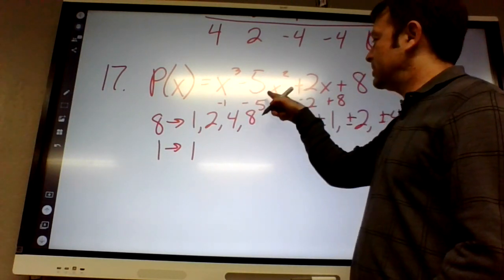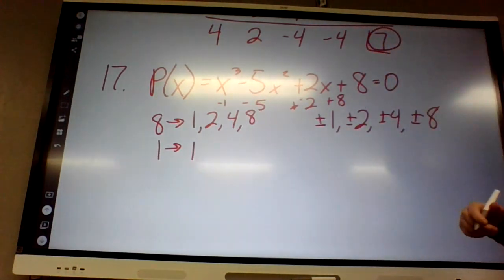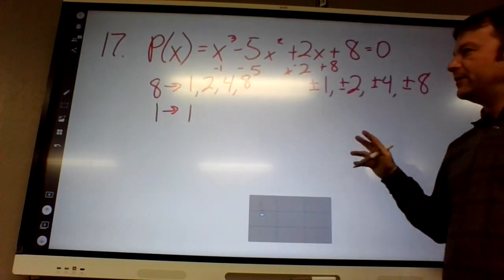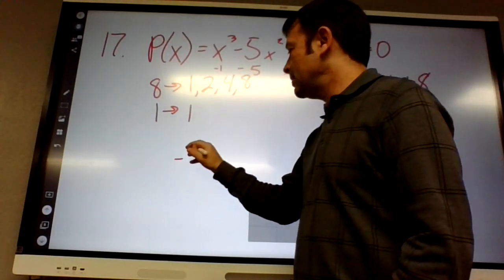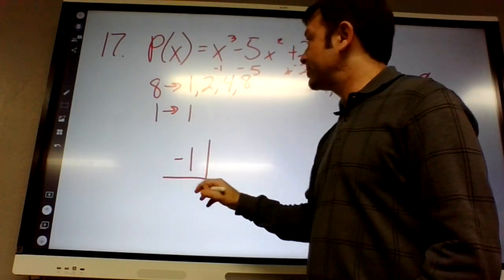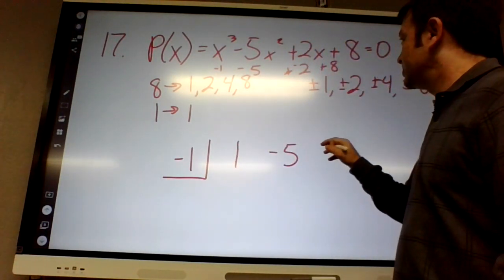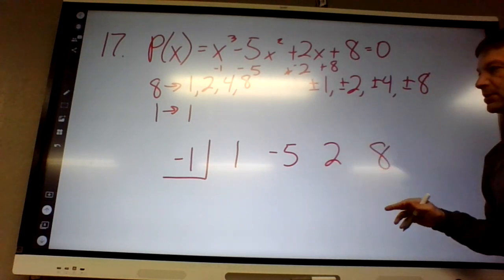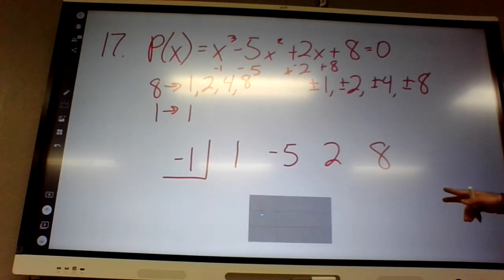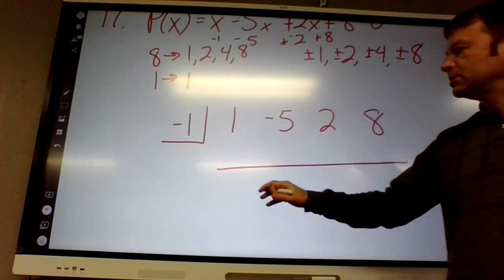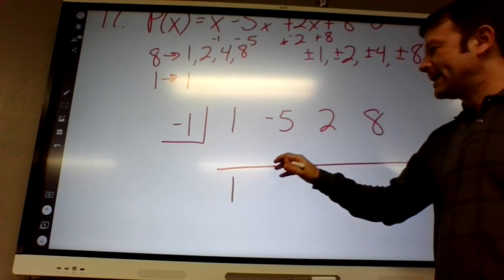Okay, anyway, it does equal 0. So negative 1 is an answer. I'm going to redo that using synthetic, and I'll explain why in a minute. So I know negative 1 is an answer, so this should come out as 0 at the end. So, yep.